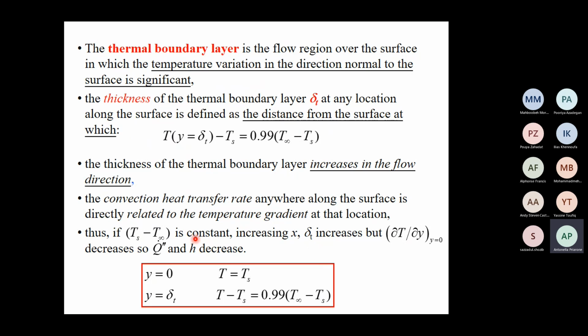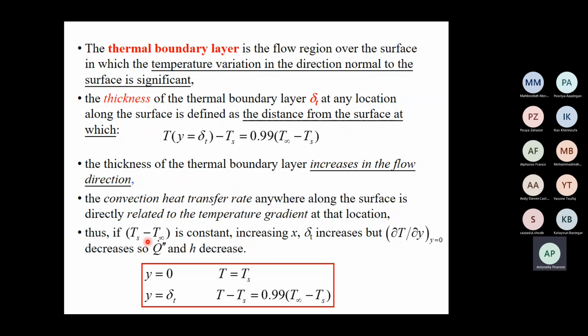If I consider, obviously, Ts minus T infinite constant along the plate, so all the plate at Ts in all the points, the fluid as undisturbed fluid always far from the plate equal to T infinite. If I increase x, delta T increases.